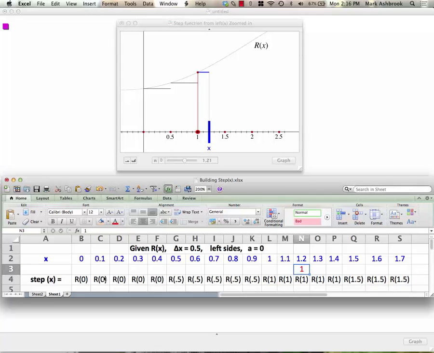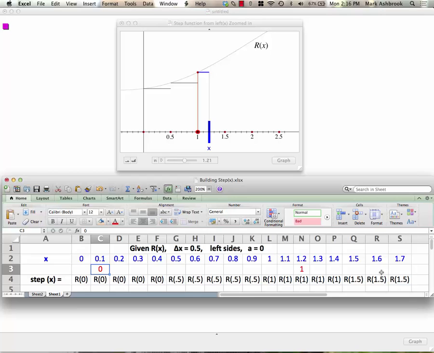Don't we want to map x equals 1.2 to 1 so that we can plug 1 into R, right? So what does 0.1 get mapped to? 0. So we can plug 0 into R.